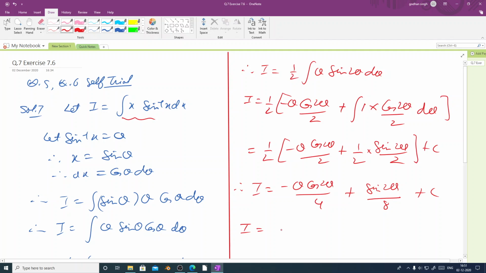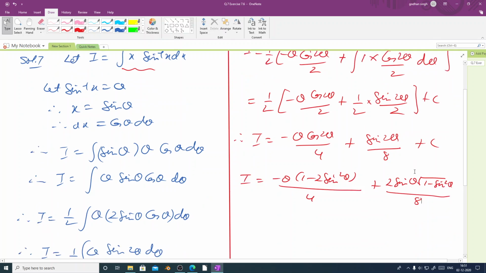First of all, we write I equal to minus theta, and cos 2 theta we write in terms of sine, because we have taken sine theta as x. So cos 2 theta can be written as 1 minus 2 sine square theta over 4, and here plus this can also be written as 2 sine theta into cos theta, and cos theta can be written as square root of 1 minus sine square theta, the whole divided by 8, and we have plus c.